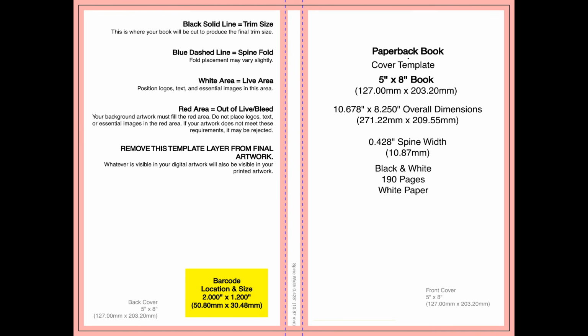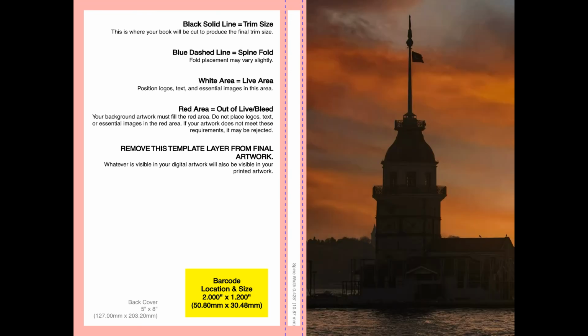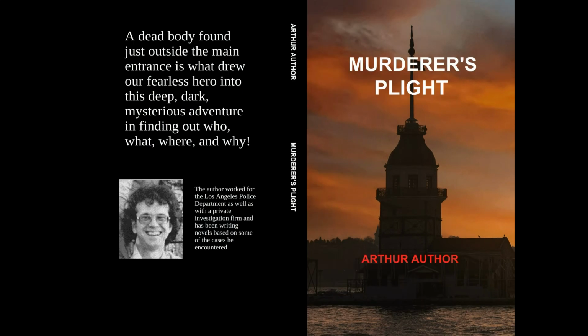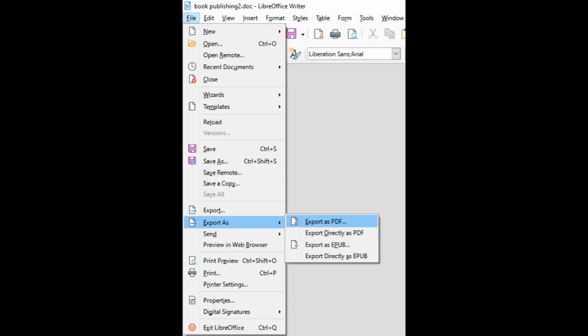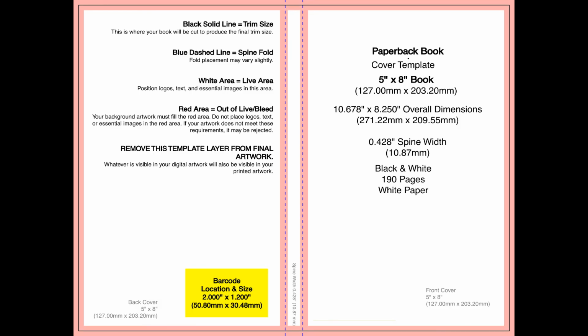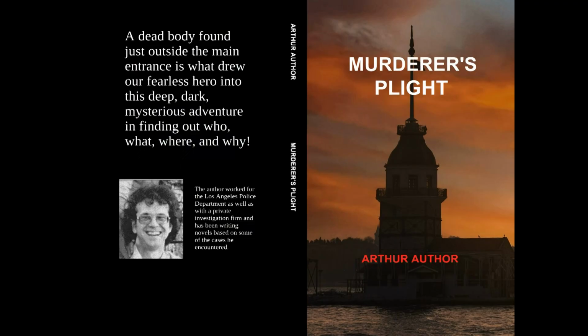You then size your pictures for that template and convert it into a PDF file. Or you give that template to the company or person who is creating the cover for you, and they will generate a JPEG, possibly a PDF file, and return it to you.